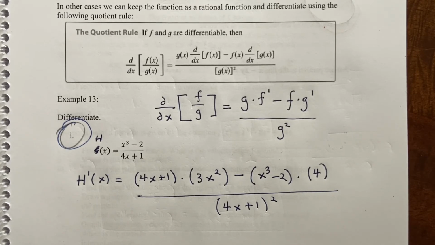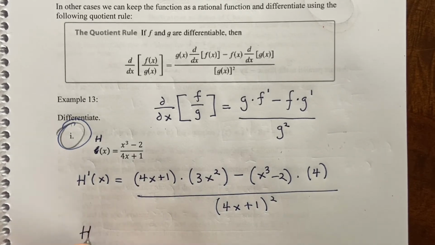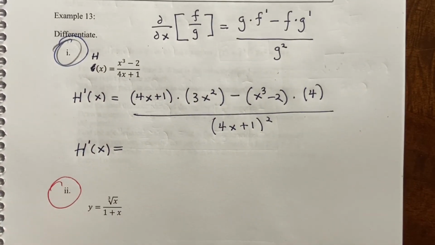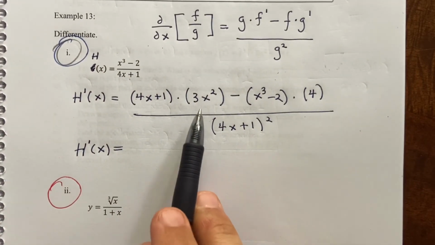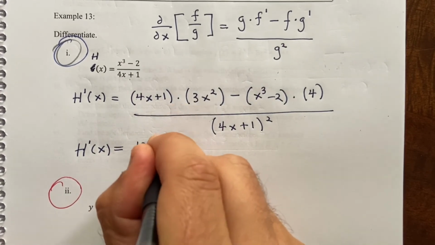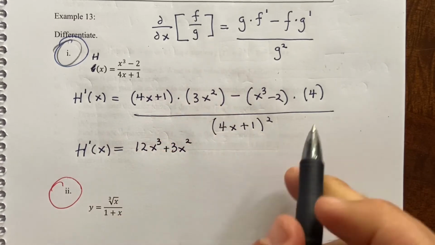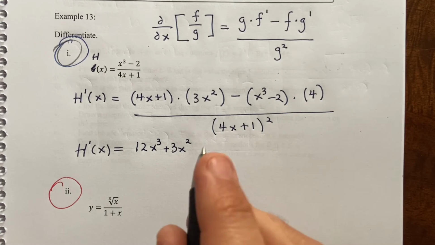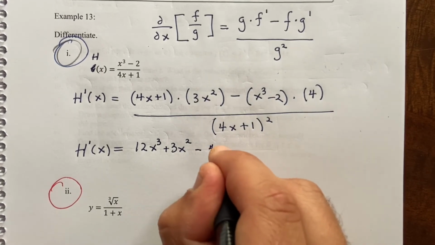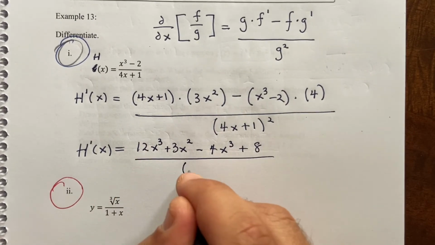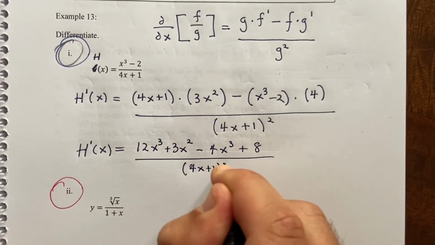I'll go ahead and simplify and maybe just clean the result up a bit. So go ahead and distribute. So we'll have 12x cubed plus 3x squared. Do some distribution of the negative and the 4. So minus 4x cubed plus 8 over 4x plus 1 squared.